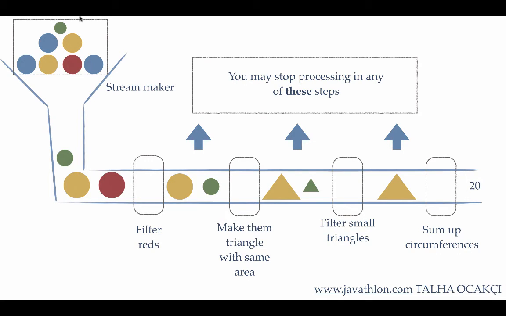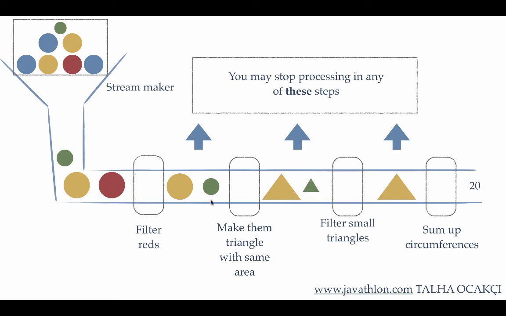Let's see the example. We have the balls here with different colors and sizes, and let's say we have a filter here that corresponds to a predicate, and this predicate simply filters the red ones, so the red ones are eliminated by this predicate, and the remaining items flow to the next predicate or transform function.